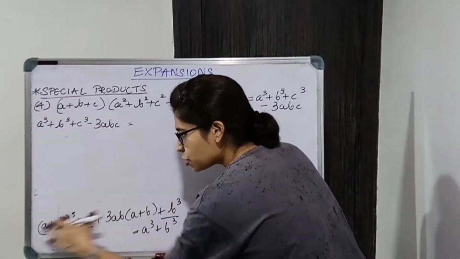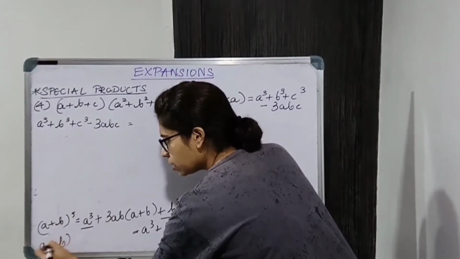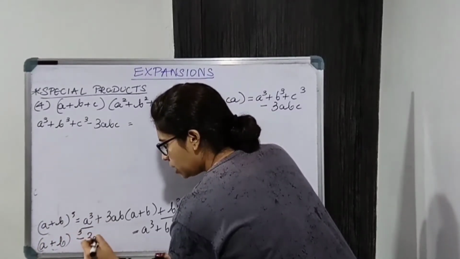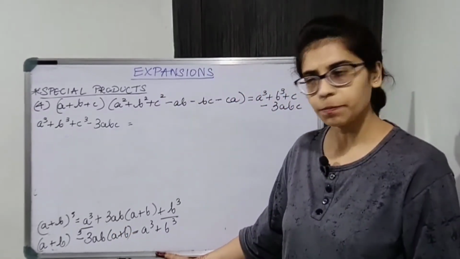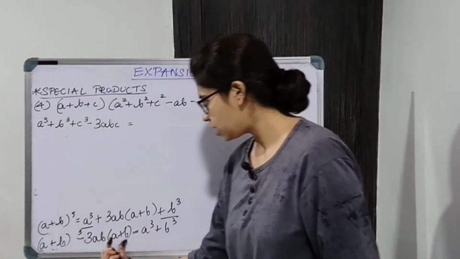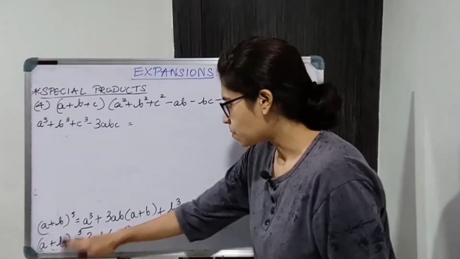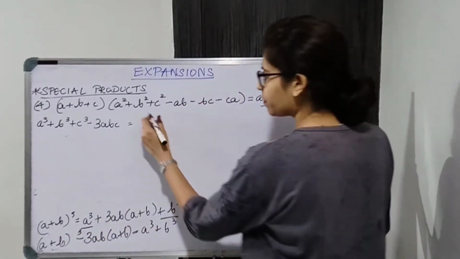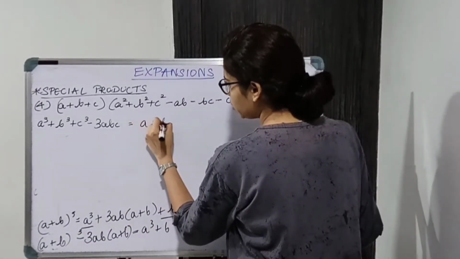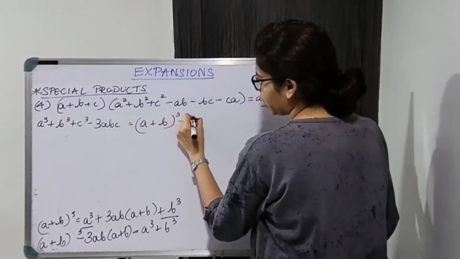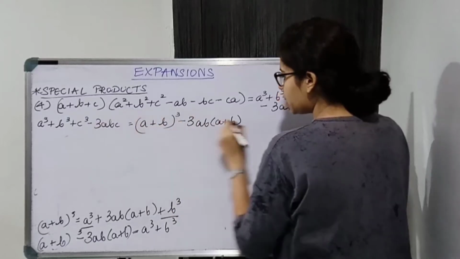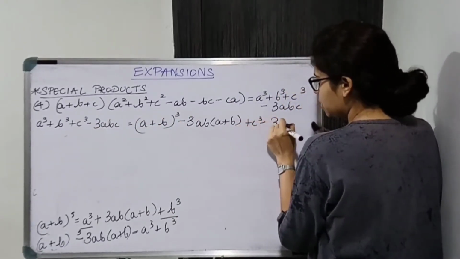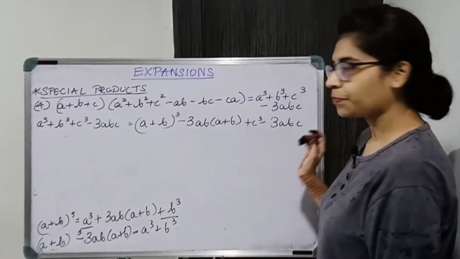So if I want a cube plus b cube, I'll shift this to the other side. So a plus b the whole cube minus 3ab into a plus b. Okay, so a cube plus b cube is equal to this. We'll substitute this over here. So a plus b the whole cube minus 3ab into a plus b plus c cube minus 3abc. Don't forget this.